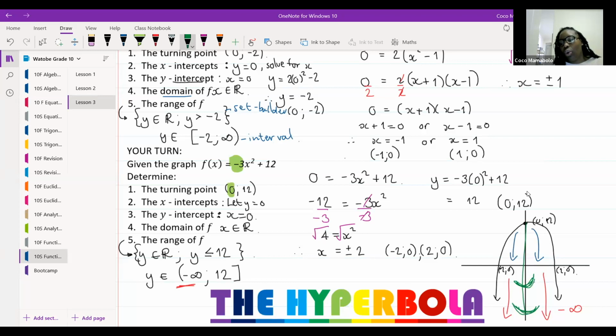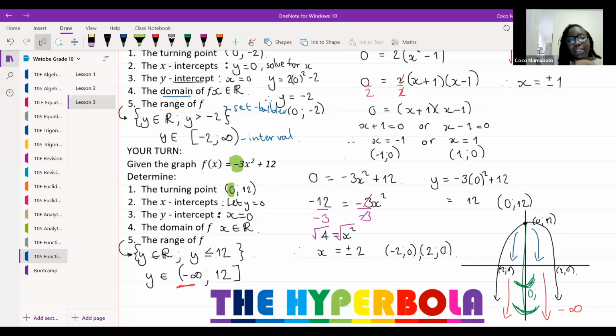Our graph will always have an x coordinate of 0. That's why I'm just saying that x is automatically 0. In grade 11, we start shifting our graph from left to right, and then our turning point is no longer at 0. But that's a grade 11 problem. Don't make it a grade 10 problem.